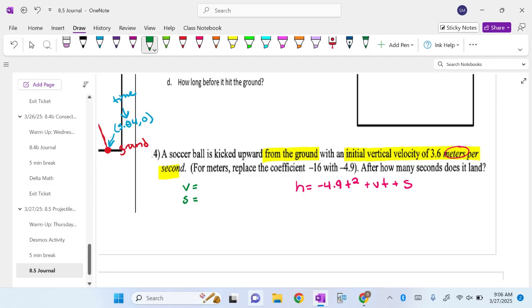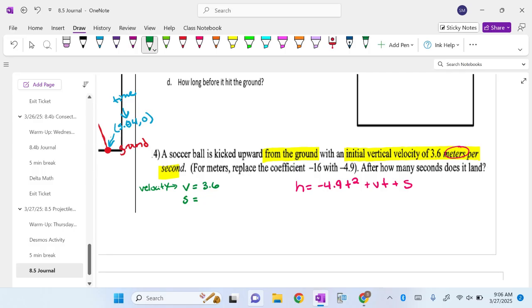So v represents what? V represents velocity. What was my velocity? 3.6. So v is my velocity. So we're looking at 3.6. S represents your what?